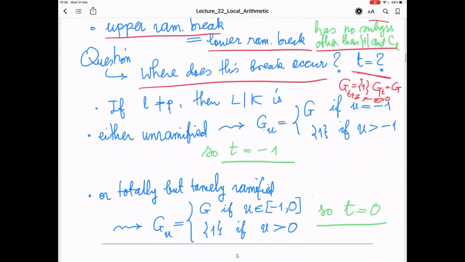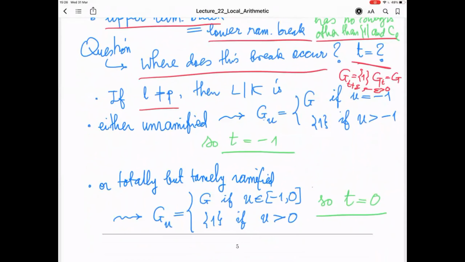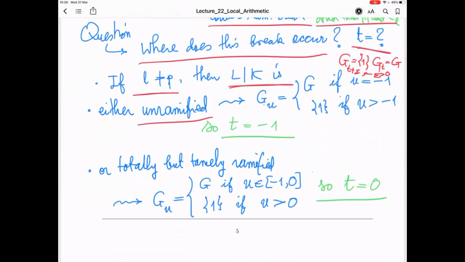Okay. So I'm saying if this L is different from P, then L over K is either unramified, in which case G sub U is equal to G if U is minus 1, and it's the trivial subgroup if U is strictly greater than minus 1.